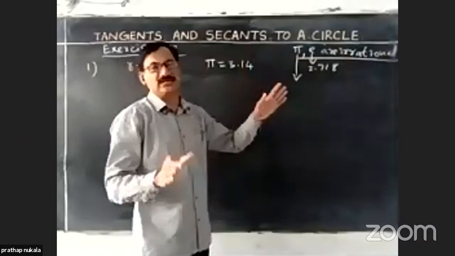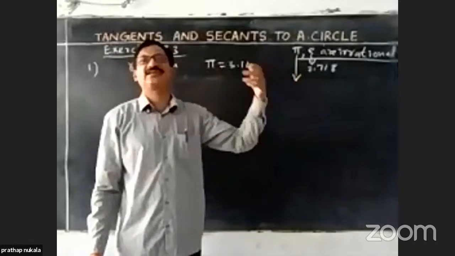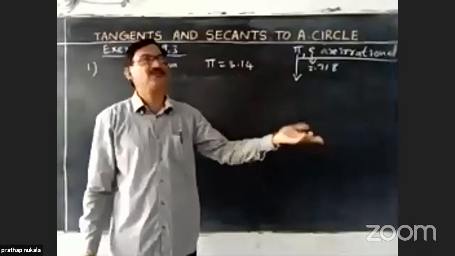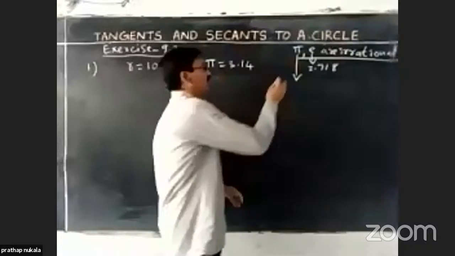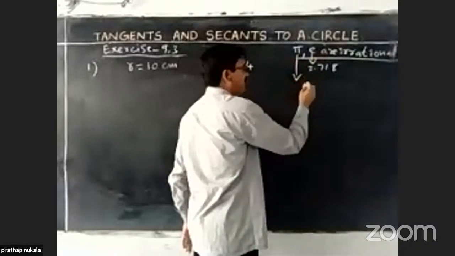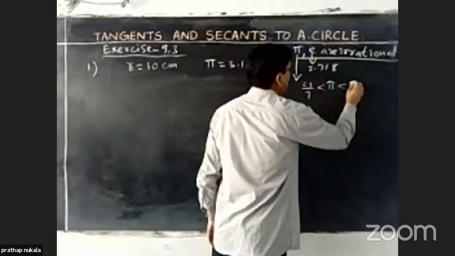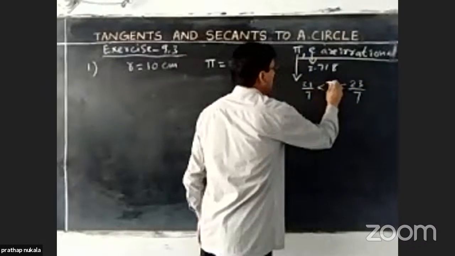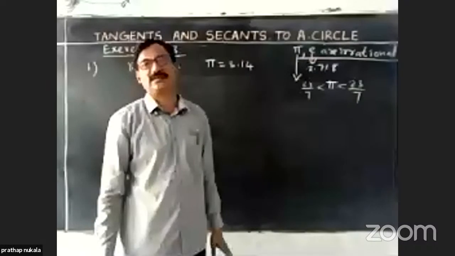Those two are not rational because they are neither terminating nor recurring. Therefore, they are irrational numbers. Pi lies between 21/7 and 23/7.